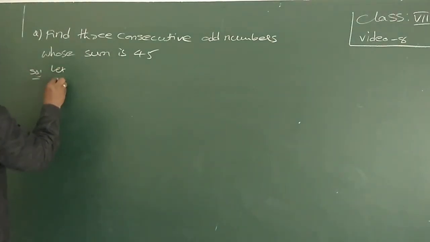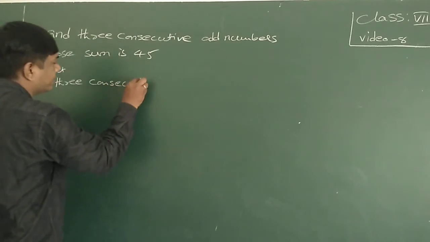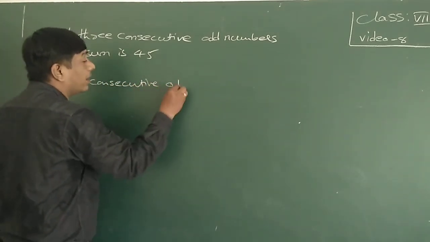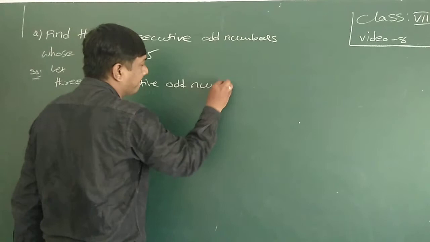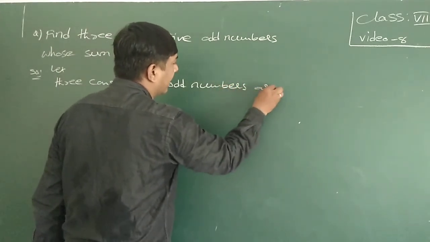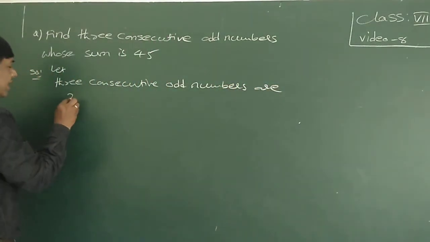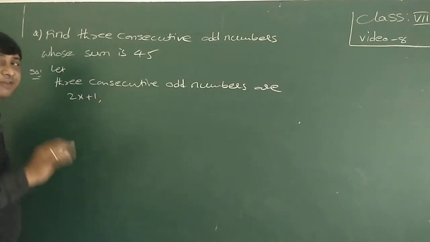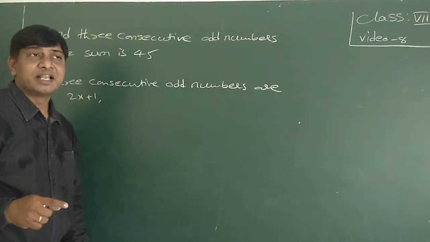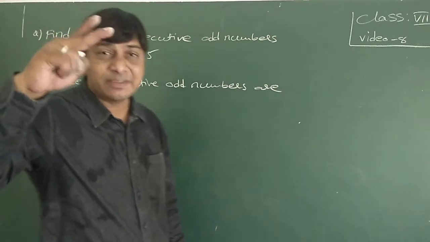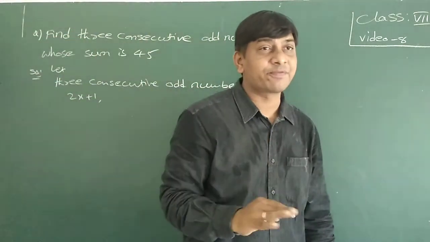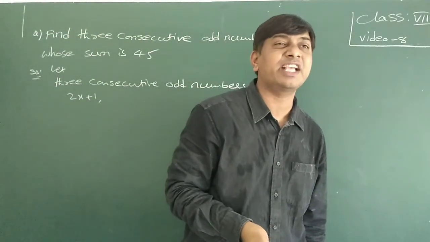Let us suppose 3 consecutive odd numbers. Every odd number is increased by 2, not 1. If you add 1 to an odd number, you will get the next number, an even number.